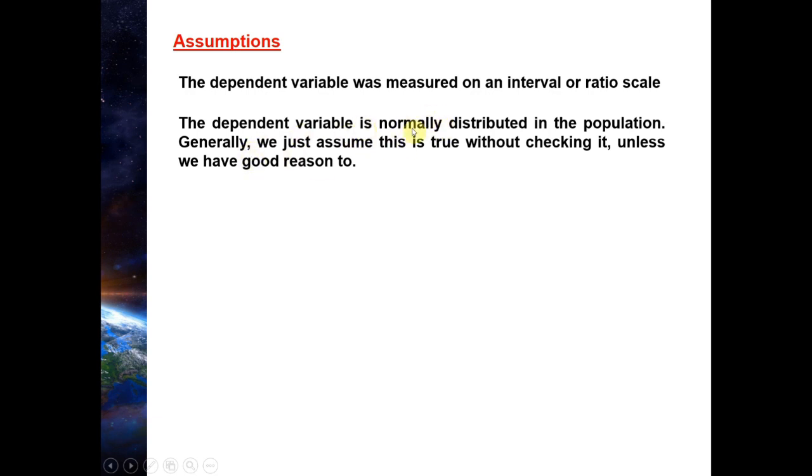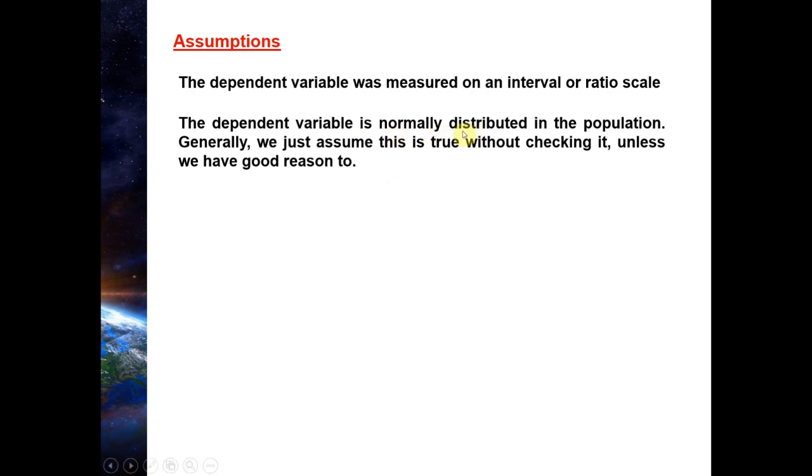As far as this assumption is concerned, we have a way of testing it. Remember, in one of your first SPSS assignments, I think the second one, you learned about the Shapiro-Wilk statistic, which tests whether or not your data is probably normally distributed in the population. It's not a hard test to conduct, especially with SPSS. It's just a couple of clicks.